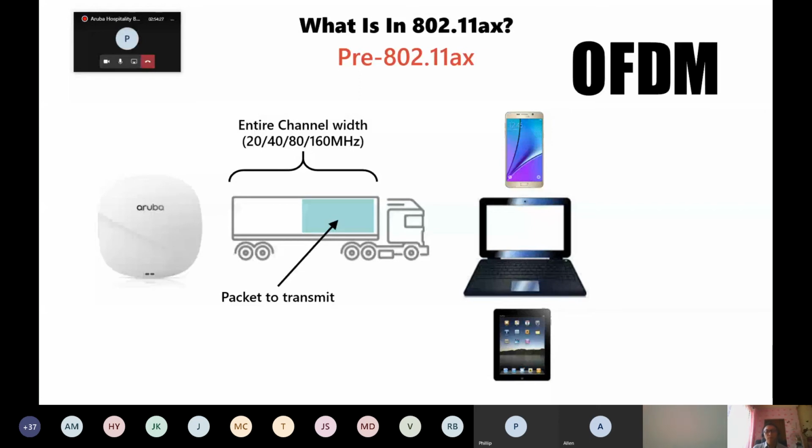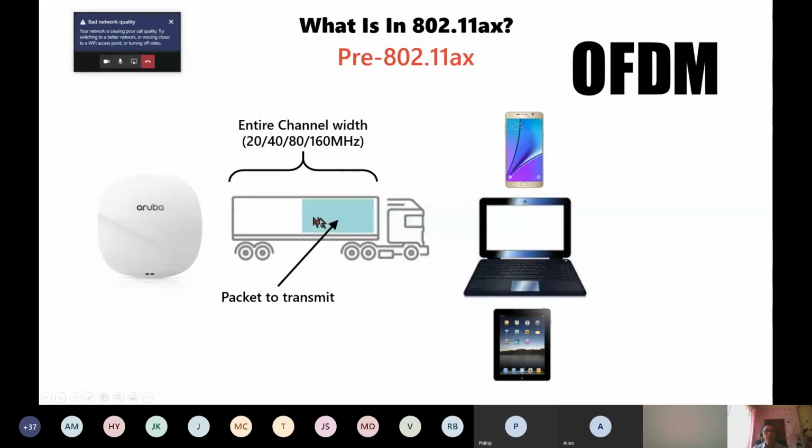In OFDM, the old technology, when you set up the SSID and the radio, you specify the channel width, be it 20, 40, 80, or even 160. The entire channel width is used in a single transmission. So when the AP sends a packet out to one of the users, it sends that packet using the entire channel width.